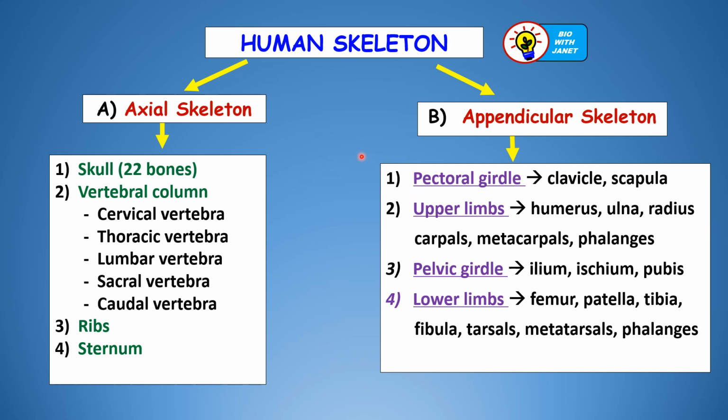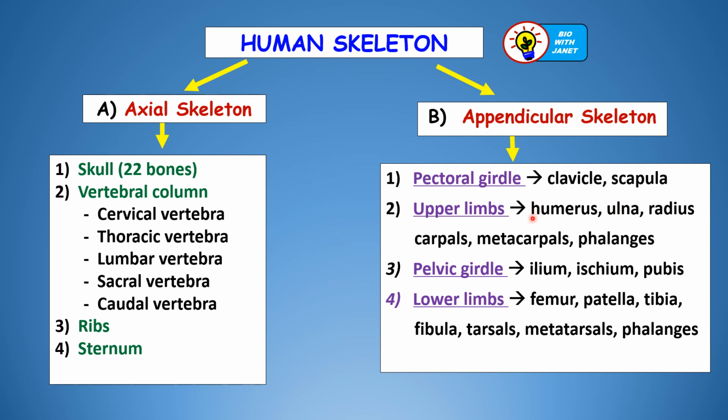Now for the appendicular skeleton, which is situated at the sides of the body, not in the center, alright? Axial skeleton is in the center part of the body, but the appendicular skeleton is at the sides. It consists of the pectoral girdle, which has 2 types of bones, the clavicle and the scapula.